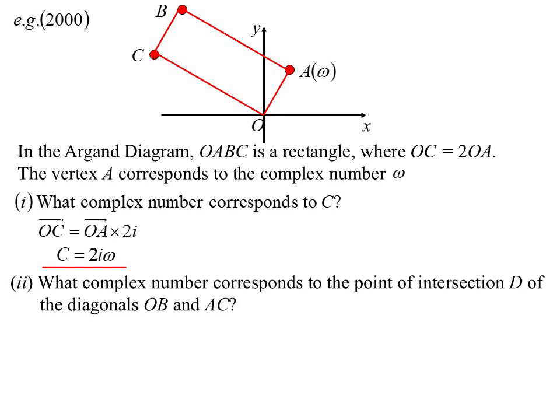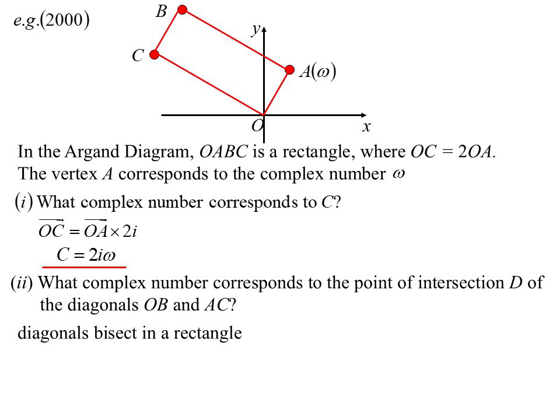What complex number corresponds to the point of intersection D, which is the diagonals OB and AC, that point of intersection? So OB and AC. Well, what do I know? I know in a rectangle, diagonals bisect each other. So I'm finding the midpoint of AC or the midpoint of OB. Either one would find it. But I don't know what B is, so it doesn't really make sense to play with the midpoint of OB.